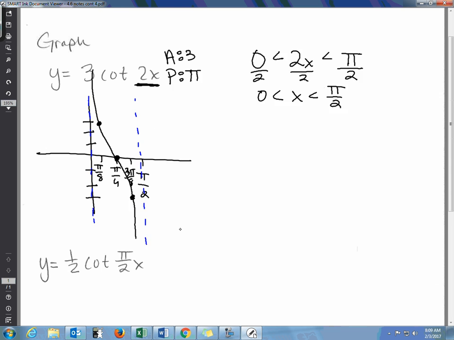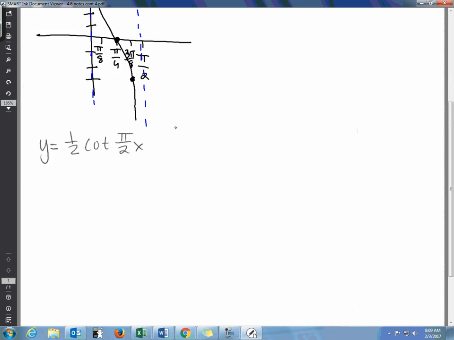Okay, so covering this all again, here's another example, 1/2 cotangent of pi over 2x. So our amplitude is 1/2. Our period length is pi. So unlike where you put negative pi and pi, like in tangent, you put 0 is less than everything with the x, so that's pi over 2x, which is less than pi.